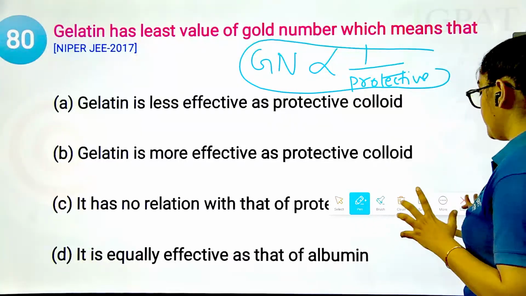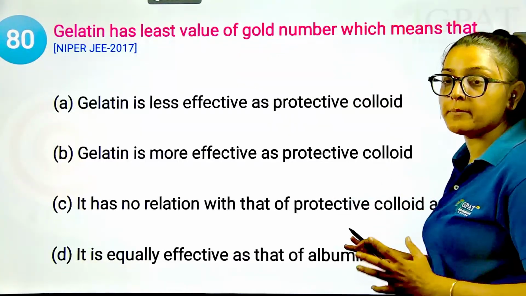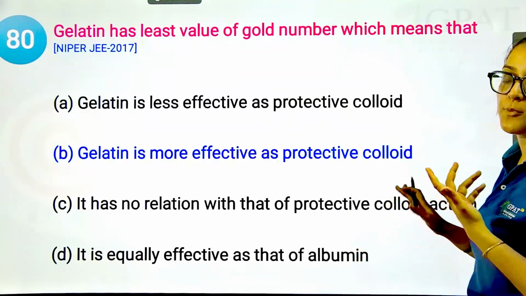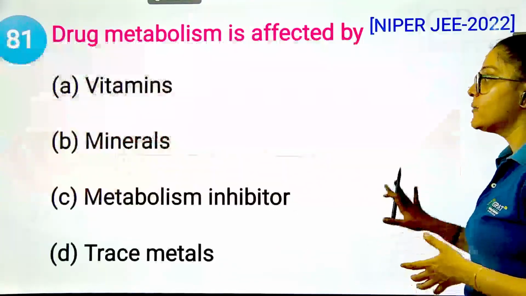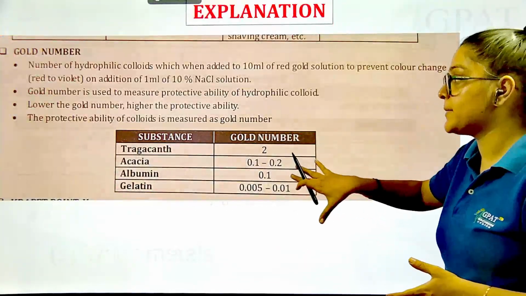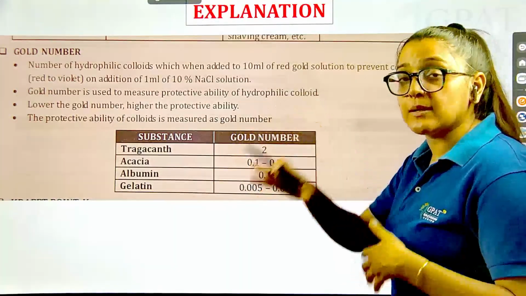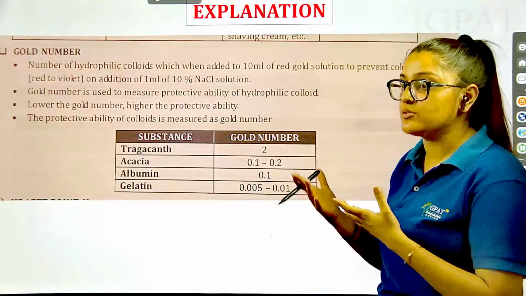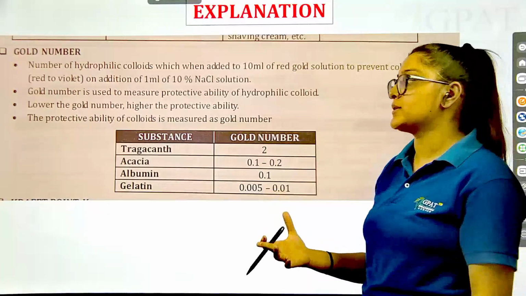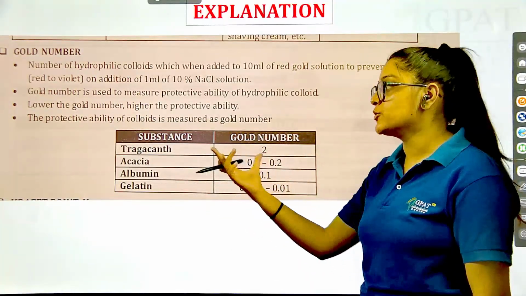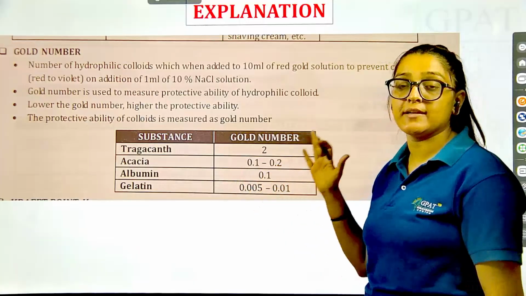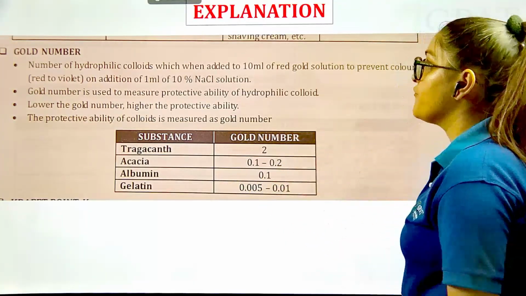So gelatin, if it has a lesser value of the gold number, it will be a more protective colloid. Option B here is correct. Please note down these values, also very important for Tragacanth. Sometimes the trend gets repeated, you never know, the question gets asked on this simple topic also. Tragacanth 2, acacia 0.1 to 0.2, albumin 0.1 and gelatin is very less, 0.005.